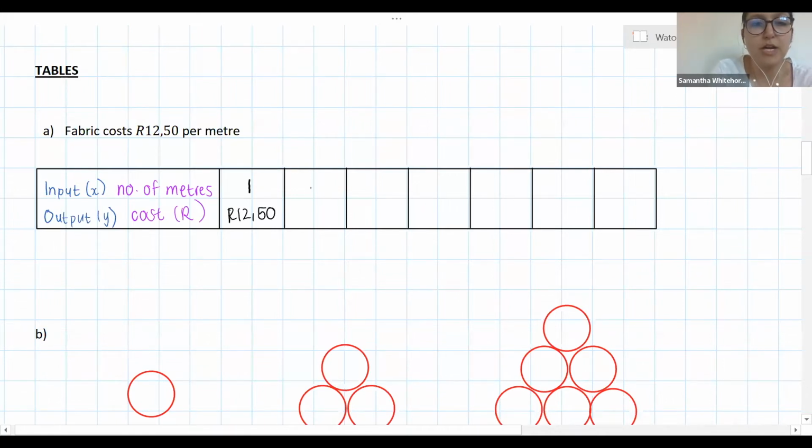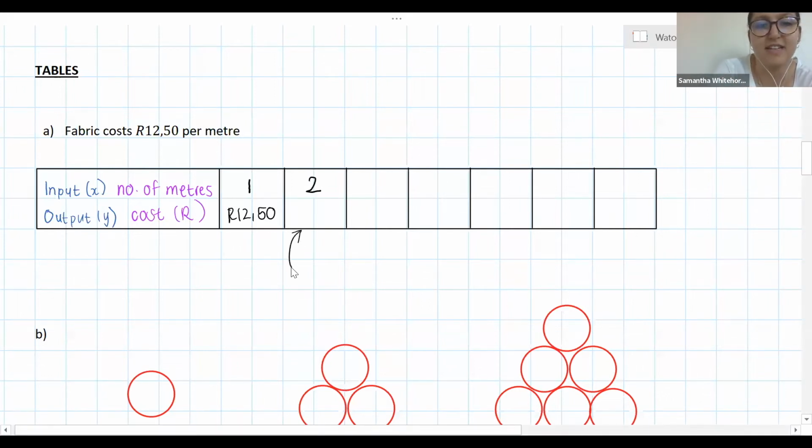Right, someone in the chat, or you can raise your hand. How much is 2 meters going to cost me? Fareed, tell me, how much is 2 meters going to cost me? Ma'am, it's going to cost 25 Rand because it's 12 times 2, and the 2 50 cents make 1 Rand.